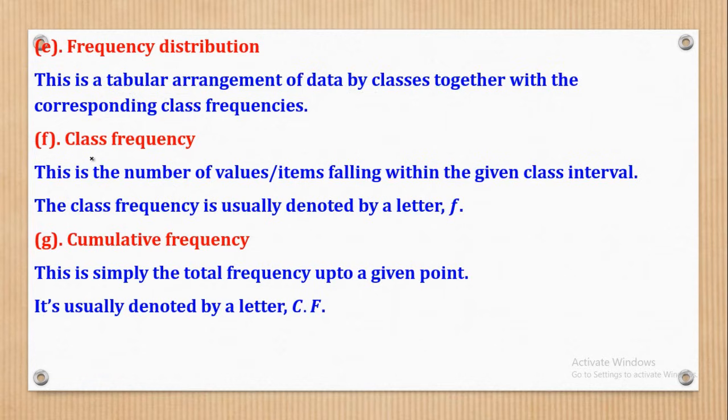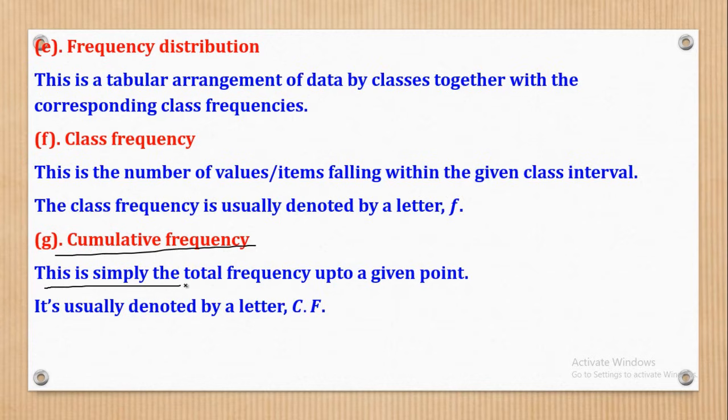The next term is class frequency. This is the number of values or items falling within the given class interval, and class frequency is usually denoted by small f. The next is cumulative frequency.